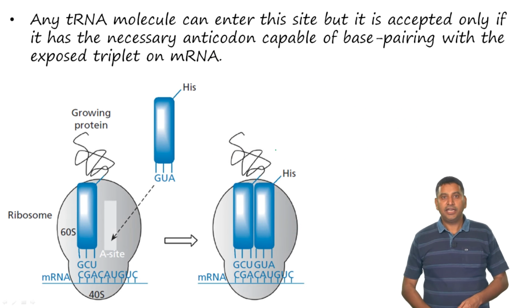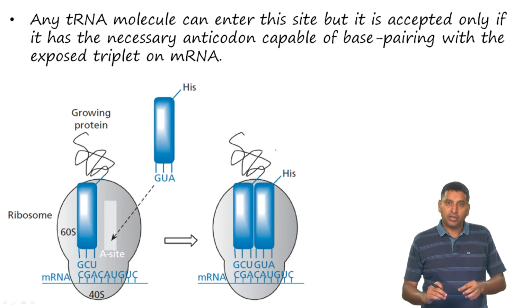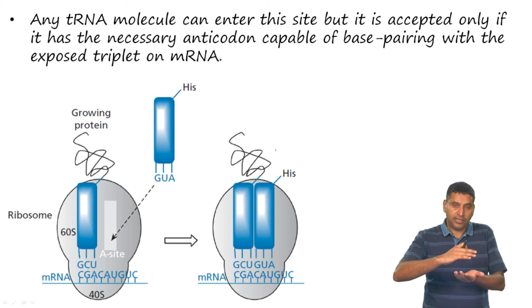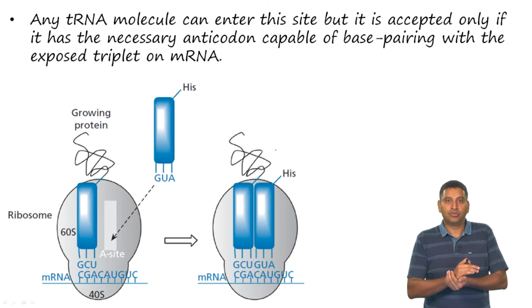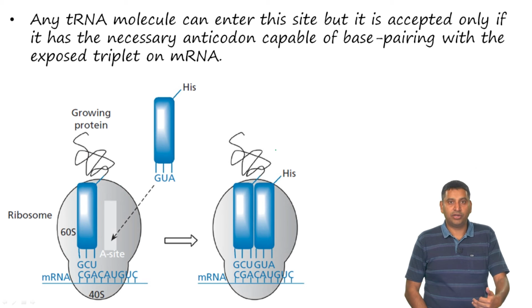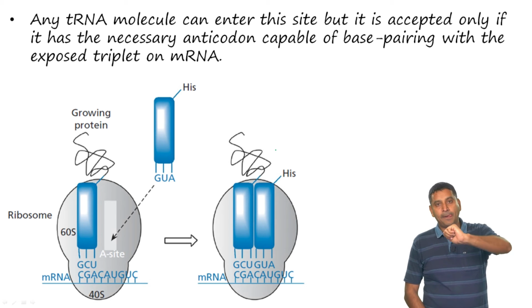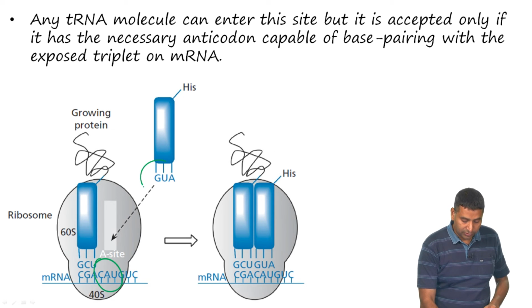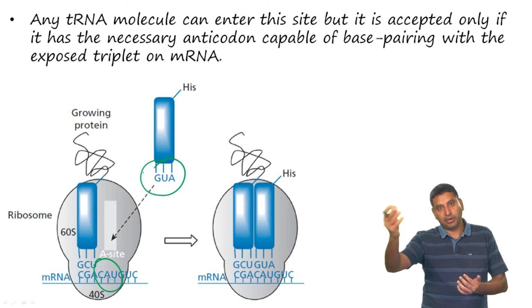Okay. Any tRNA molecule can enter this site, there is no restriction on that, but the only one that is capable of base pairing correctly to the exposed triplet on mRNA will bind. So, therefore, you could have a situation where a tRNA which codes for glycine or for another amino acid like cysteine can come in, but since this region and this region may not match, you will have the tRNA departing.